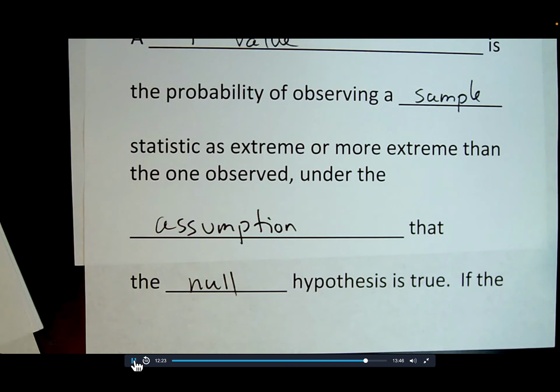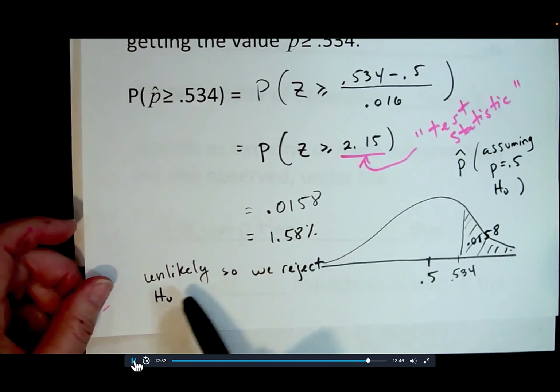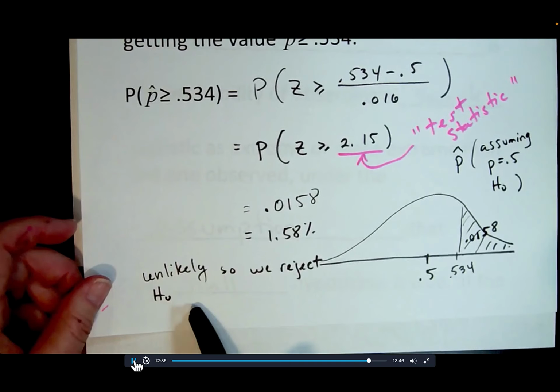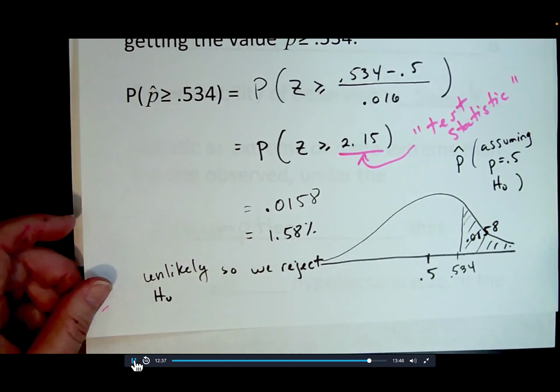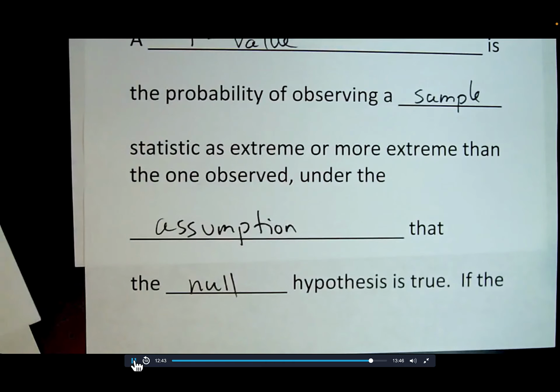Now, you may have wondered, I hope you wondered, how we decided that 1.58% was sufficiently unlikely as to cause us to reject H sub 0. I mean, where would the cutoff line for likeliness or unlikeliness be? Well, that's where the level of significance comes in.